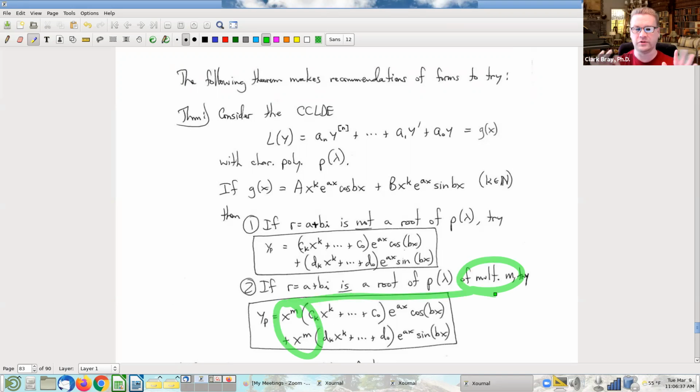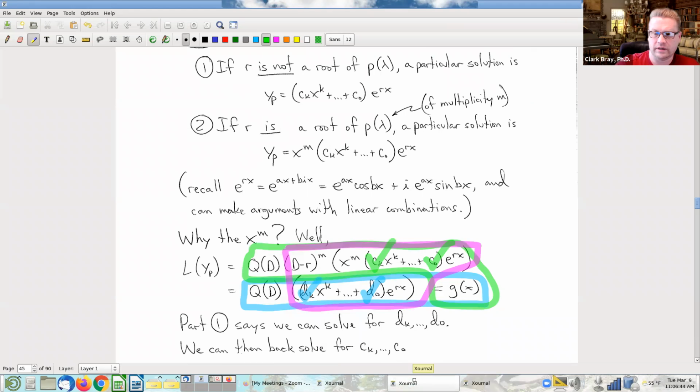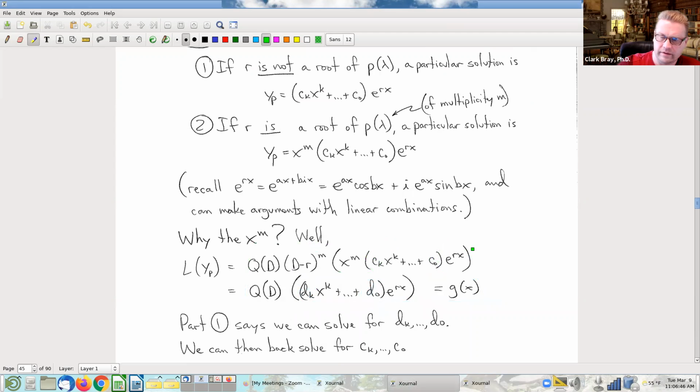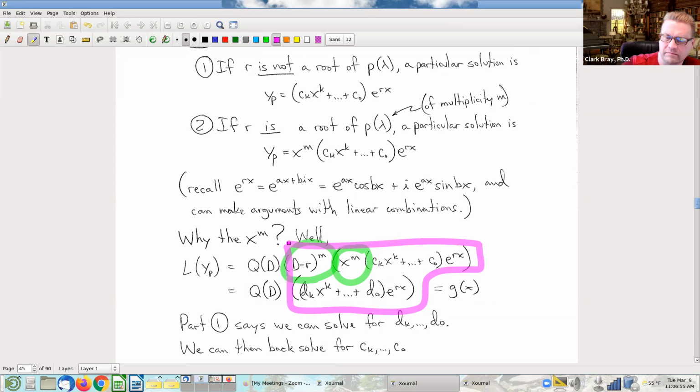If there's an unfortunate coincidence of a magic number and a root of the characteristic polynomial, well, that x to the m is to balance off these extra factors of d minus r that allow us to have this circumstance where all I have to do is figure out the relationship between these constants. The x to the m sort of cancels the d minus r's. So, okay, that's what's going on with this question.